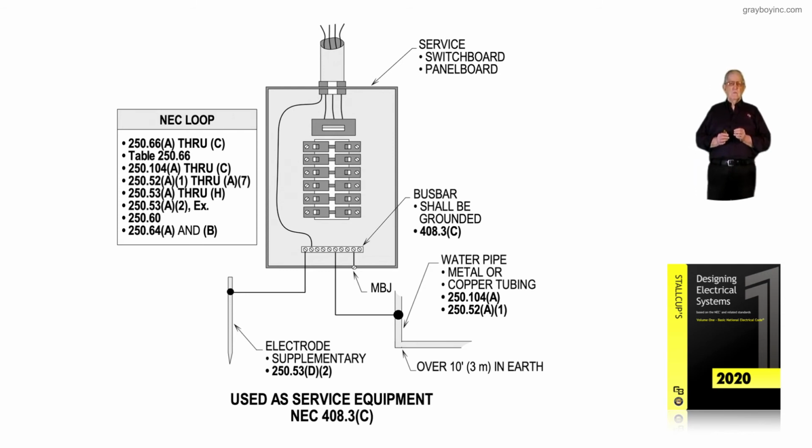If all the electrodes in 250.52(A)(1) through (A)(7) are present, they are bonded together to create a grounding electrode system in accordance with 250.50. If you have any kind of lightning protection, we start with 250.60 and also review 250.106, I believe it is.